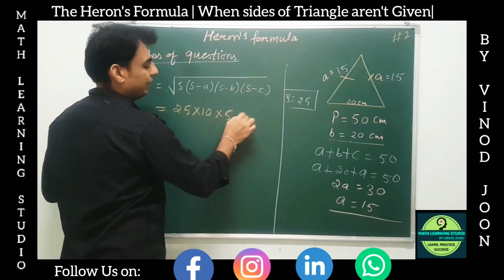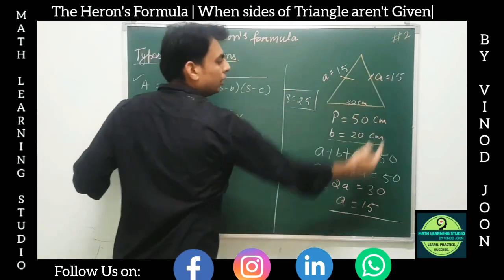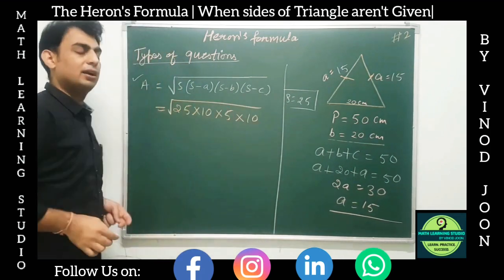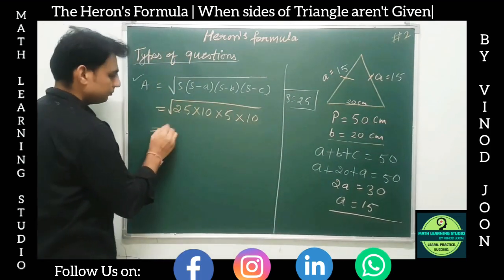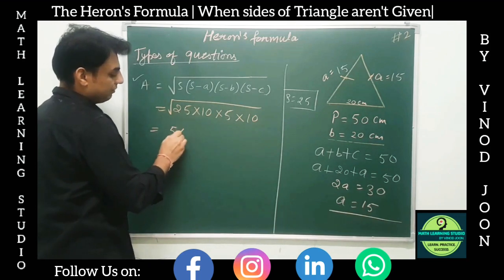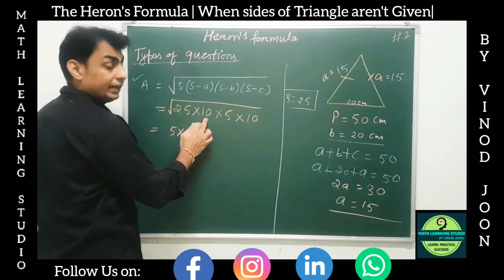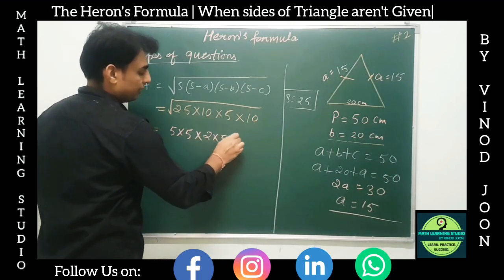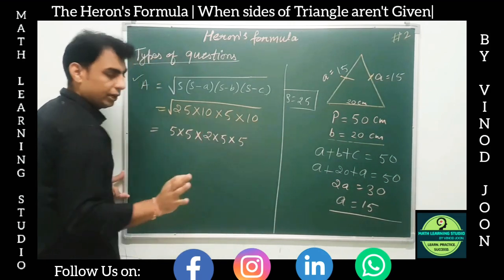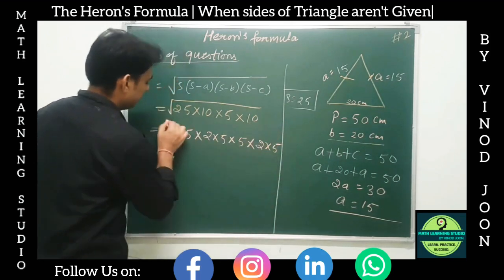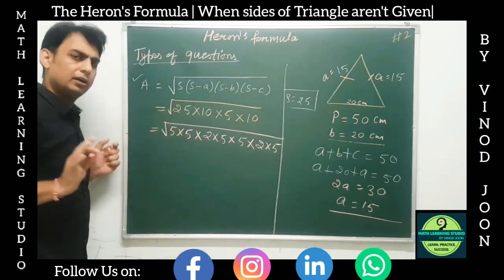So it will become 5 multiplied by, again 25 minus 15 will be 10, and this remains under the root. Now 25 can be written as 5 into 5, multiplied by 10 can be written as 2 into 5, there is 5, we cannot factorize that. 10 can be written as 2 into 5 again. So complete under the roots.